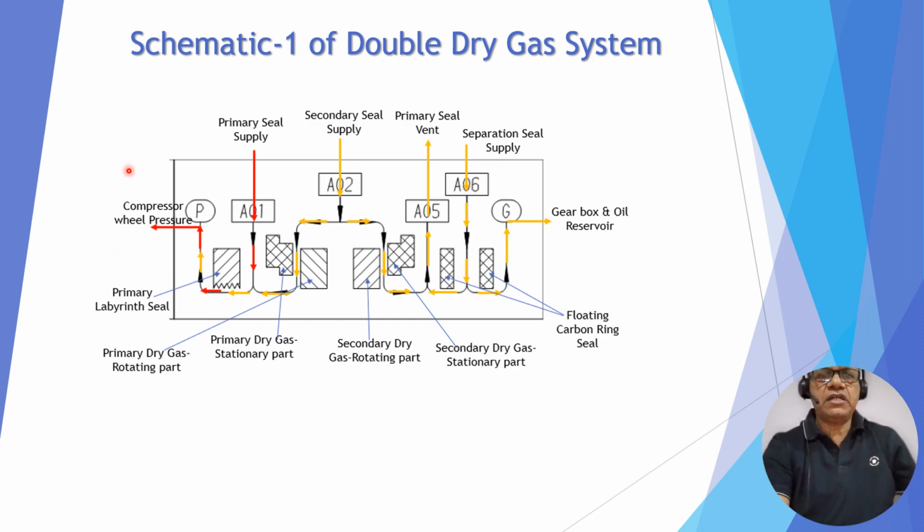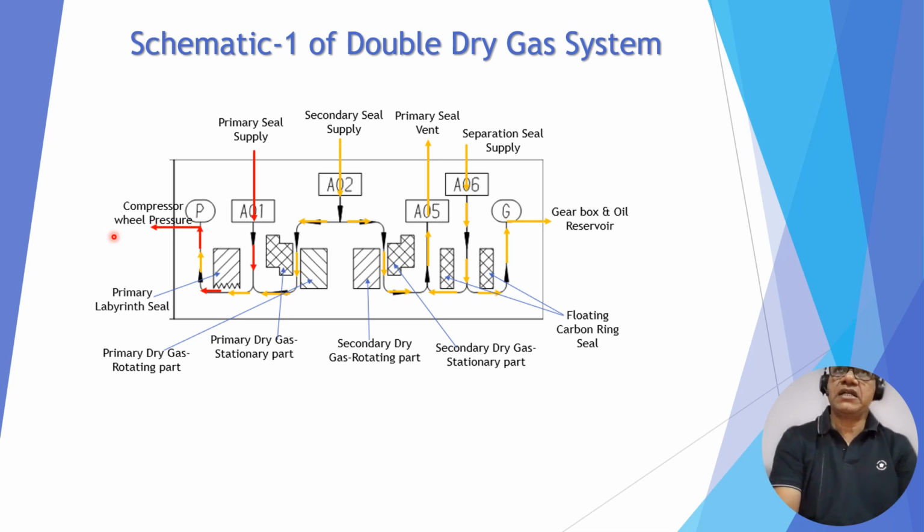In the double dry gas seal system, when the process side pressure is relatively less than this side pressure, the supply pressure should, in the tandem case, be more than the seal pressure and the primary vent pressure. But if the supply pressure is less and the primary vent pressure is high, the supply pressure would need to be more than the primary vent pressure.